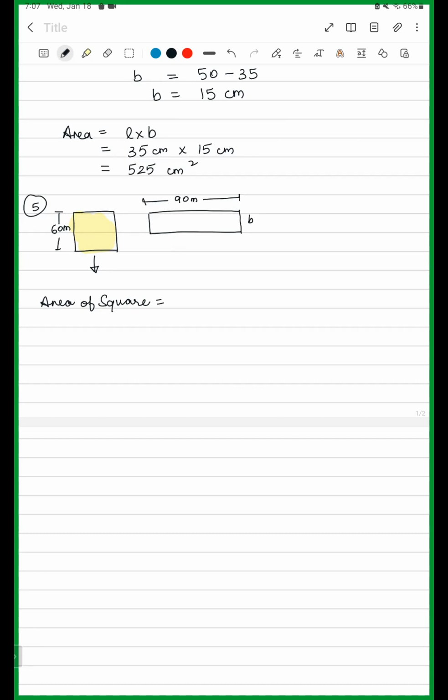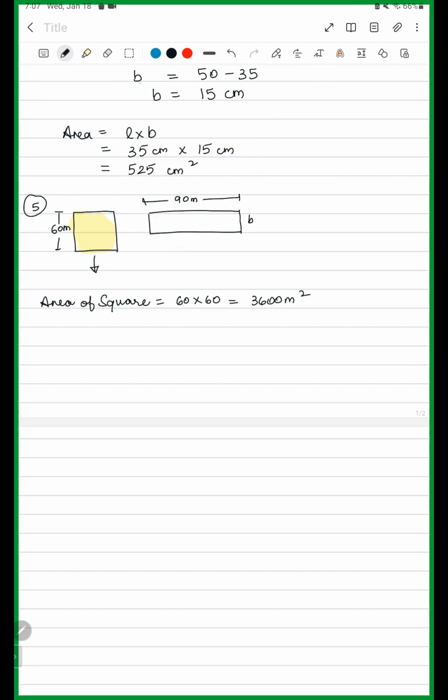So 3,600. 60 multiplied by 60, meters squared. Remember, this is in meters. Oh, yes. Meters squared. Okay.